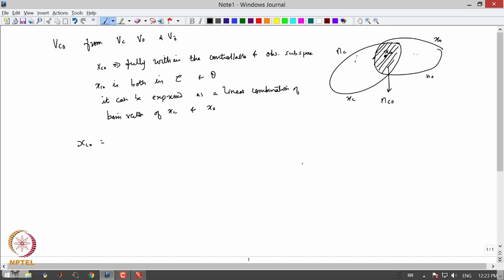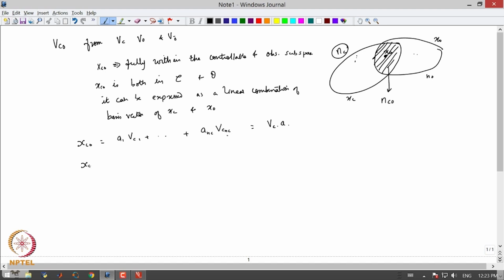So, this xc naught is say some a1 vc1 till a nc vc nc. This can be written as vc times a. You see that xc is of dimension nc and therefore, I will have nc basis vectors.